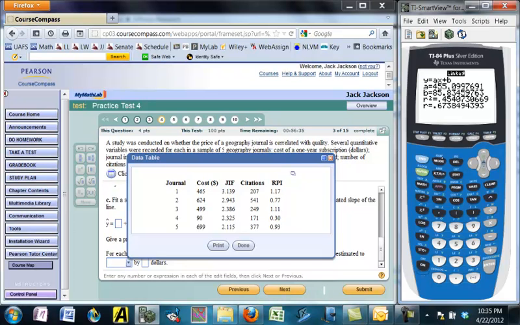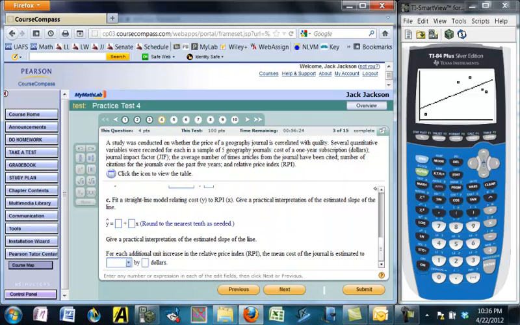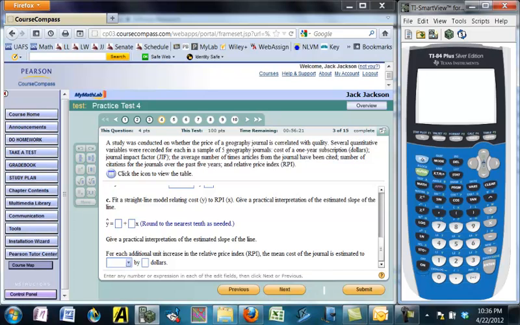But if I do a zoom 9, I skipped this on the last one, should have shown you this. There's our line of best fit there. Let's see. What do we get here?